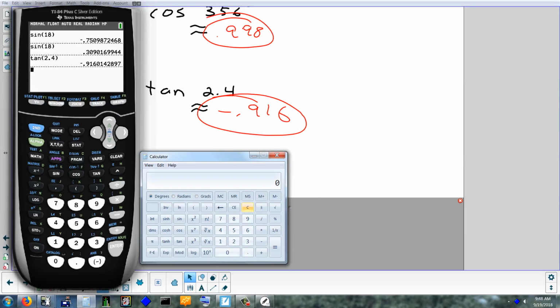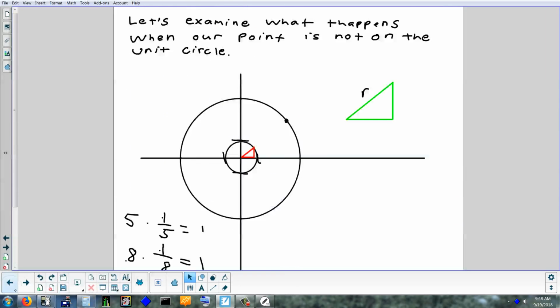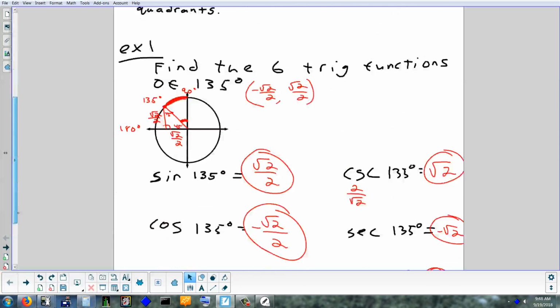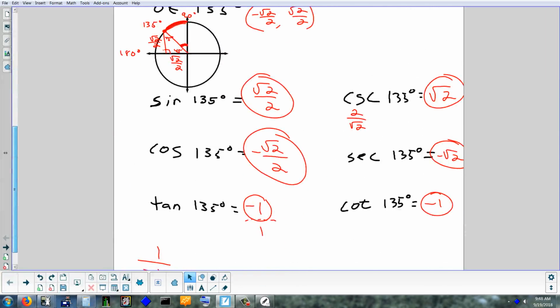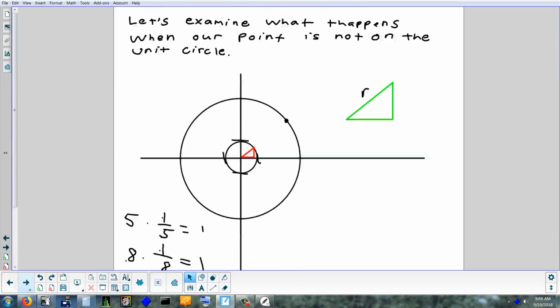I don't have a button that says CSC. So if we want to get CSC, let's go back to this problem. We could get the sine first, and then what did we do with it to get the cosecant? We flipped it. That's how you have to do it. So let's go back to the problem.